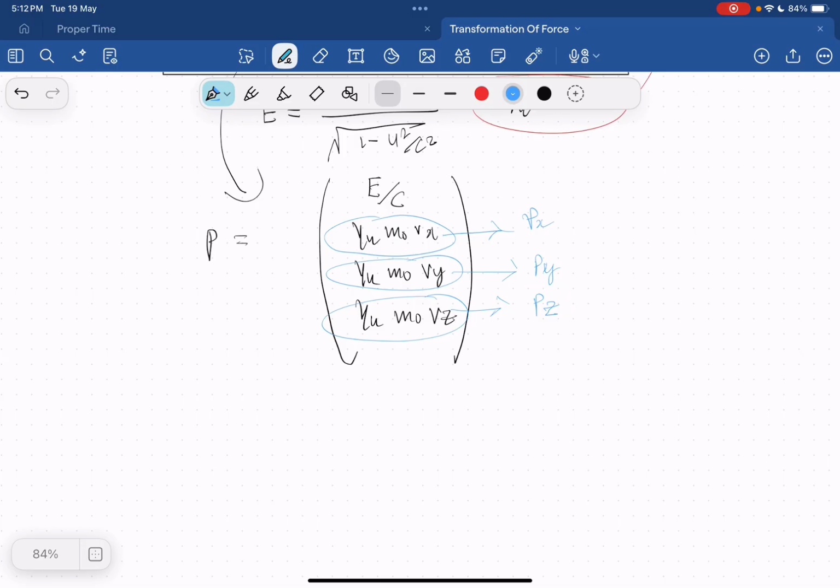So the first component of the four momentum tells you about the total energy of the particle, and the remaining three components tell you about the linear momentum of the particle.